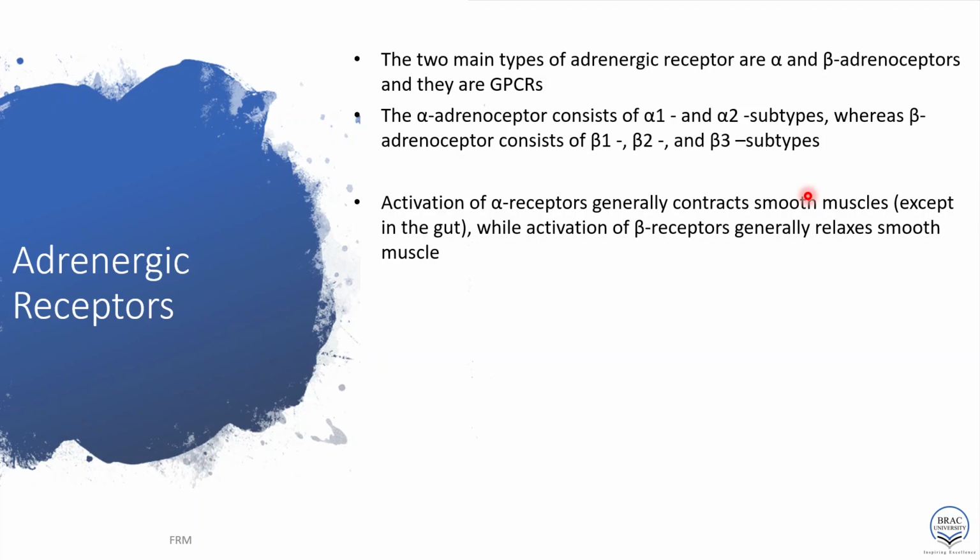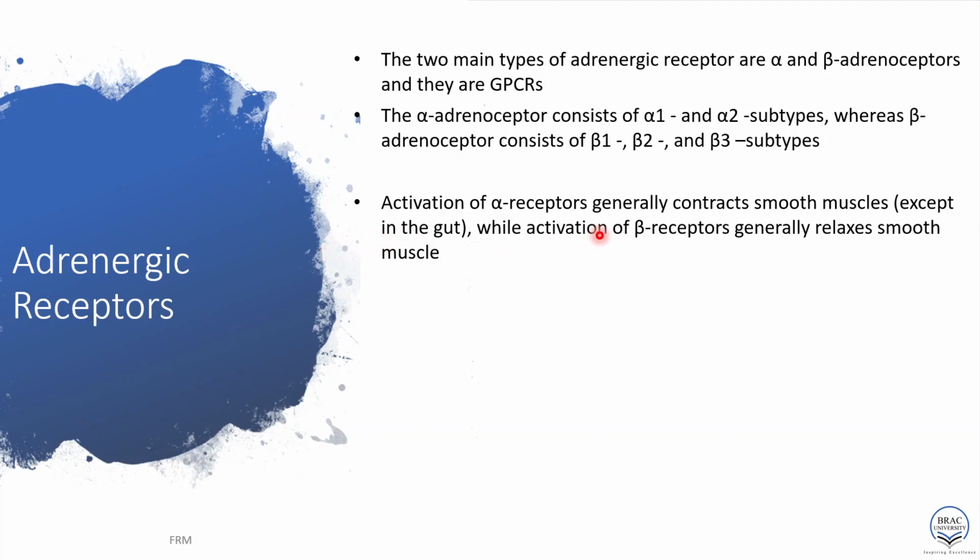Alpha receptors contract the smooth muscles, except in the gut muscles, because in the fight and flight system, less attention is needed in the gut. That means digestion is not required or immediate in those fight and flight situations, but more energy is required, like in the liver cells more glucose is released and metabolized, and the heart needs to pump. So in the gut there is no need for extra blood supply.